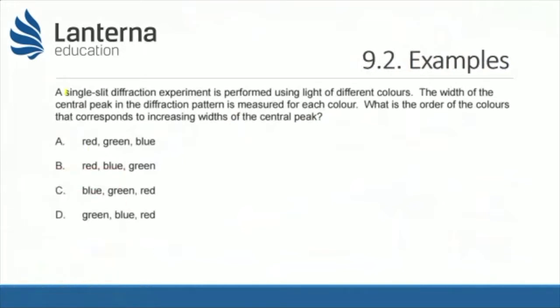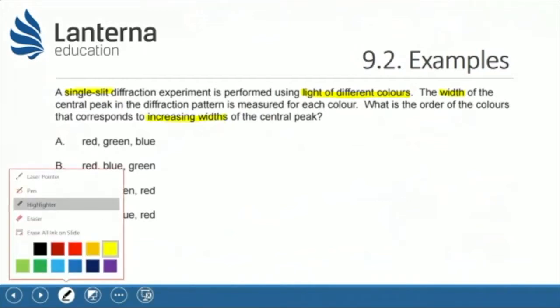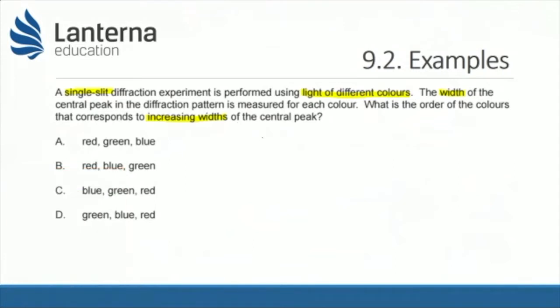Highlighter out. So, single slit, which means we know it's relevant, and we've used light of different colors. The width of the central peak is measured, so we're looking at the width. What is the order of the colors that corresponds to increasing widths? So as I go across left to right, I want theta to be increasing.